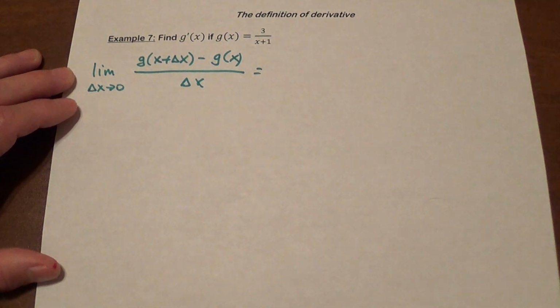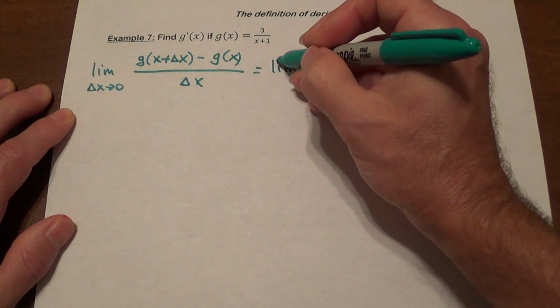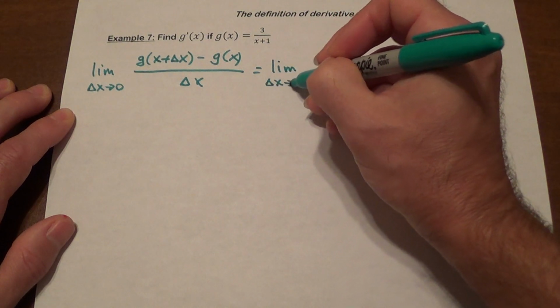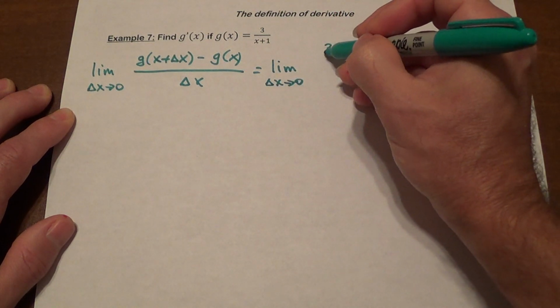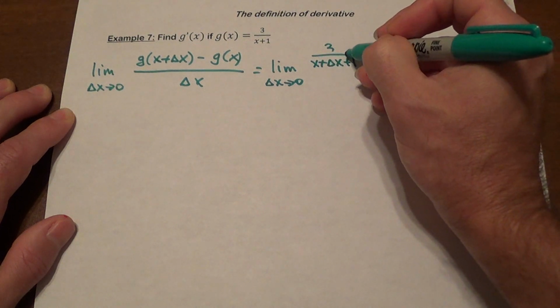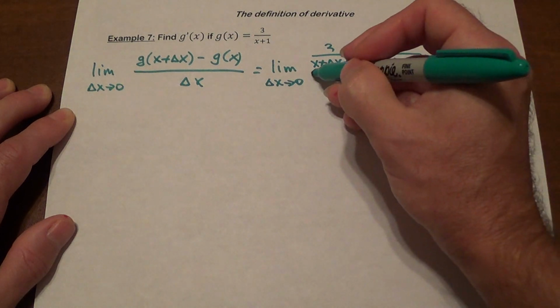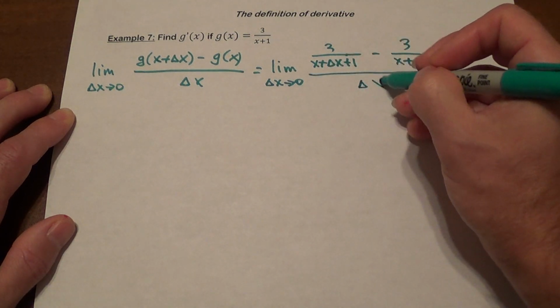So we have to plug in x plus delta x for x in this function. The limit as delta x approaches 0 of 3 over x plus delta x plus 1, minus 3 over x plus 1, all over delta x.